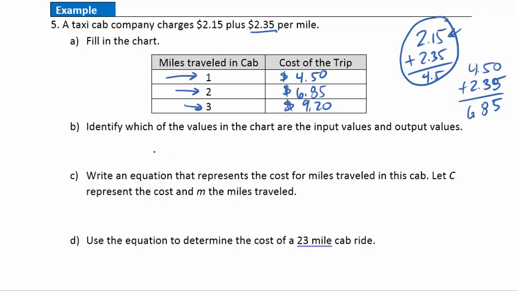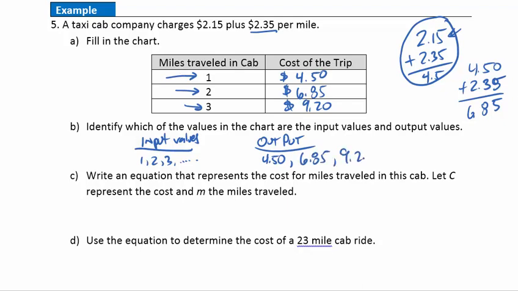So my input values are the miles in the cab: 1, 2, 3, and so on, because there could be a lot of input values. And the output values here are the cost of the cab ride: $4.50, $6.85, $9.20, and that pattern would continue on, the same as the input values.